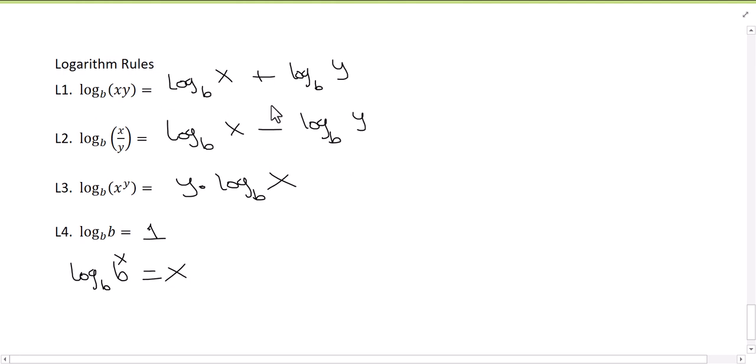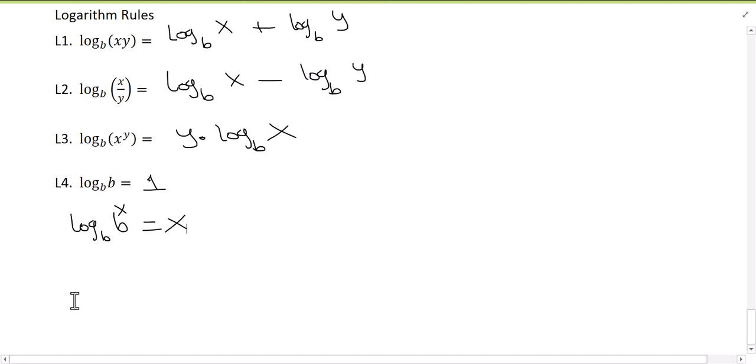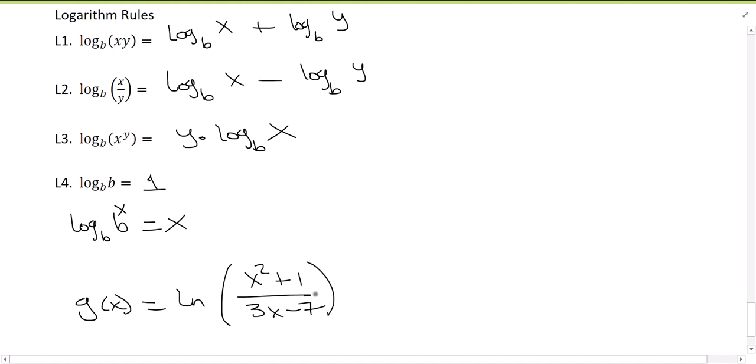All right, so back to that function. We had that g of x was the natural log of the quantity x squared plus 1 over 3x minus 7. And the way we did it first was using the rule of logs with the chain rule, that the derivative of ln of stuff is 1 over the stuff times the derivative of that stuff.